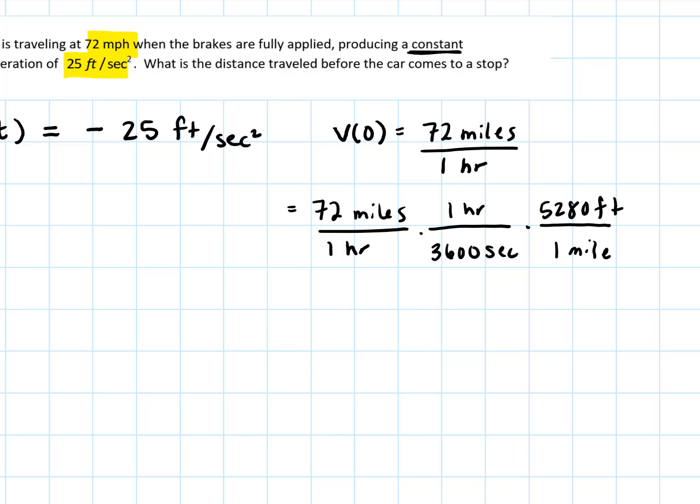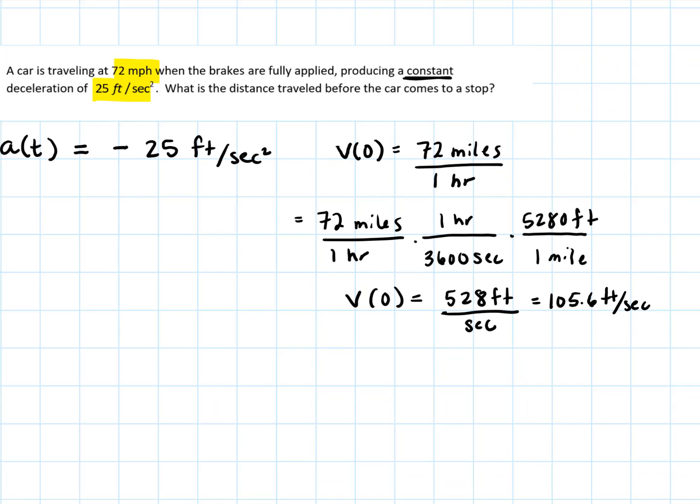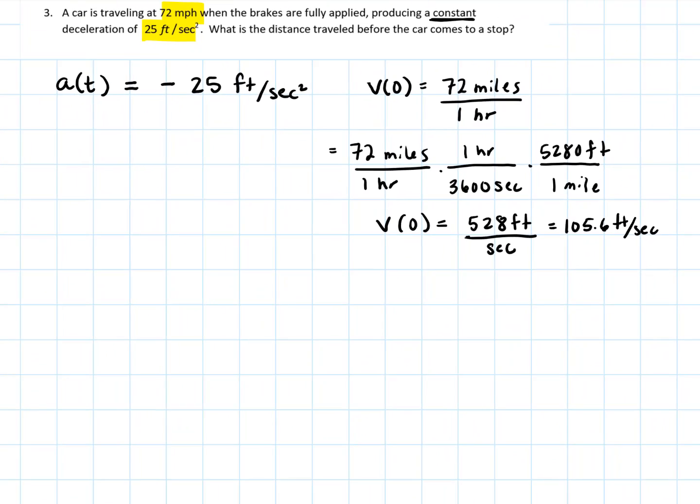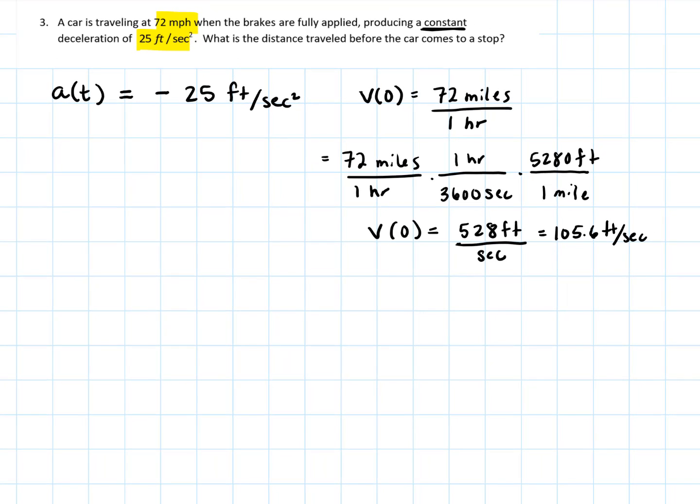So for our purposes, v of 0 is, if I multiply that together and reduce it, 528 over 5 feet per second, which is equal to 105.6 feet per second. Okay, so that's the velocity that we're starting at when we hit this deceleration.